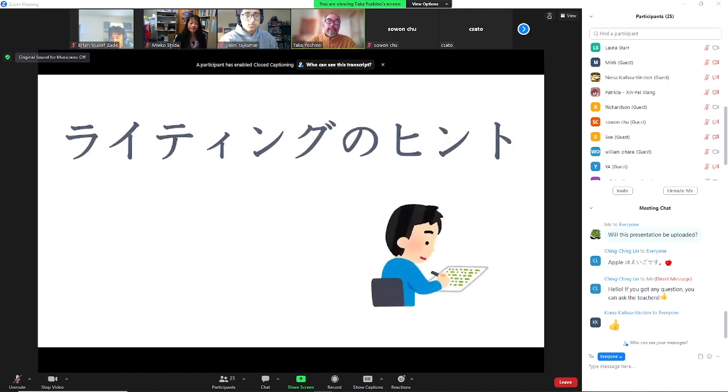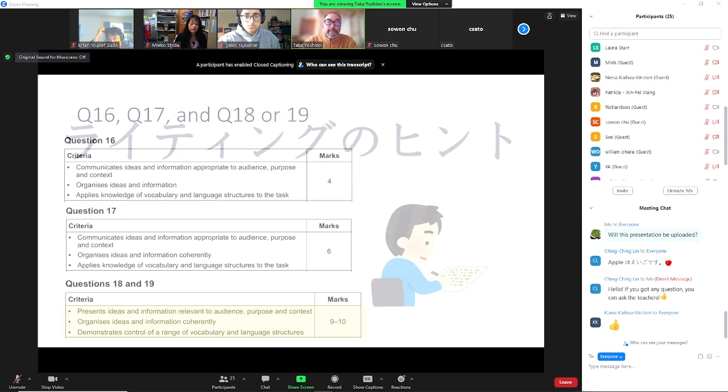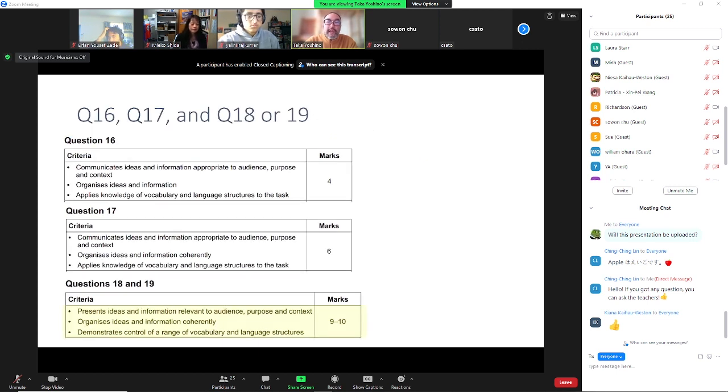Okay, now we are going to talk about the writing part. In the HSC writing, when I'm talking about writing, I'm talking about questions 16, 17, 18 and 19. Questions 18 and 19 are highlighted because they have the biggest marks of 10.